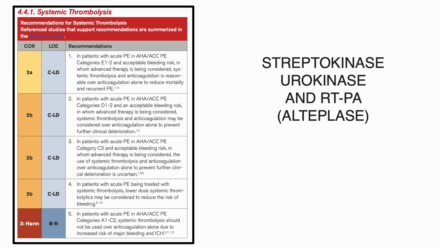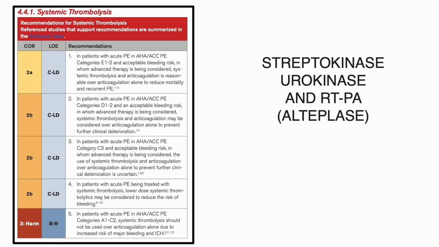Now coming to systemic thrombolysis, the recommendations say that in patients with PE of category E1, E2 and acceptable bleeding risk, systemic thrombolysis and anticoagulation is reasonable over anticoagulation alone. So patients with more severe category E will preferably need both compared to just anticoagulation.